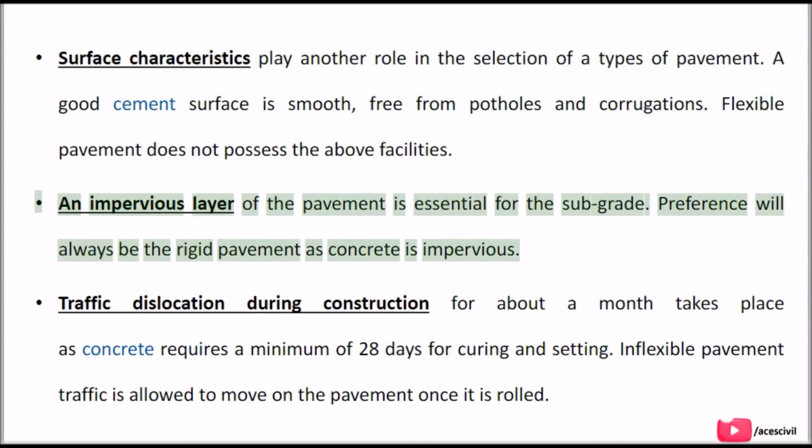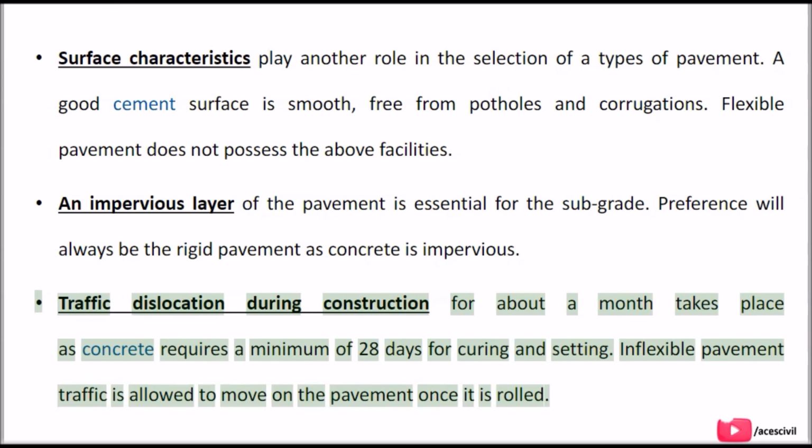An impervious layer of the pavement is essential for the subgrade. Preference will always be the rigid pavement as concrete is impervious. Traffic dislocation during construction for about a month takes place as concrete requires a minimum of 28 days for curing and setting. In flexible pavement, traffic is allowed to move on the pavement once it is rolled.